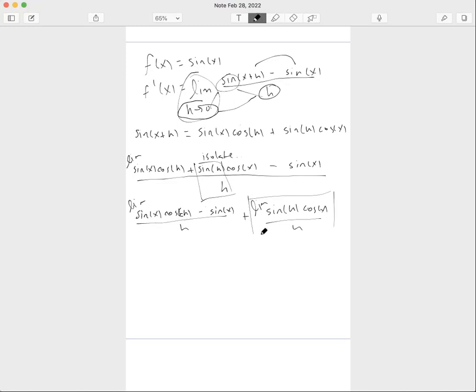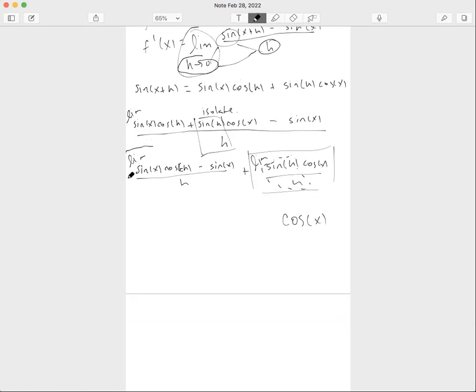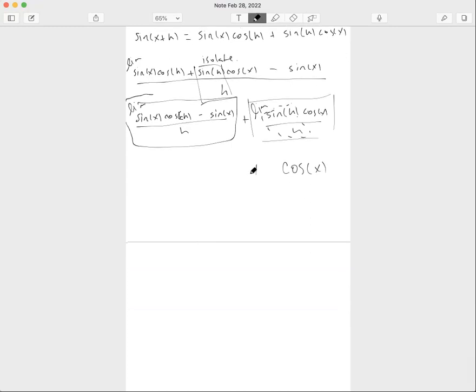So what is this as h goes to 0? Cosine x. Good. So this goes to 1 as h goes to 0, and I'm left with cosine of x. Now I need to find this limit. Let me rewrite that bigger, and just note that we have this cosine out here. Now we're going to solve this limit. It's like a new problem now.